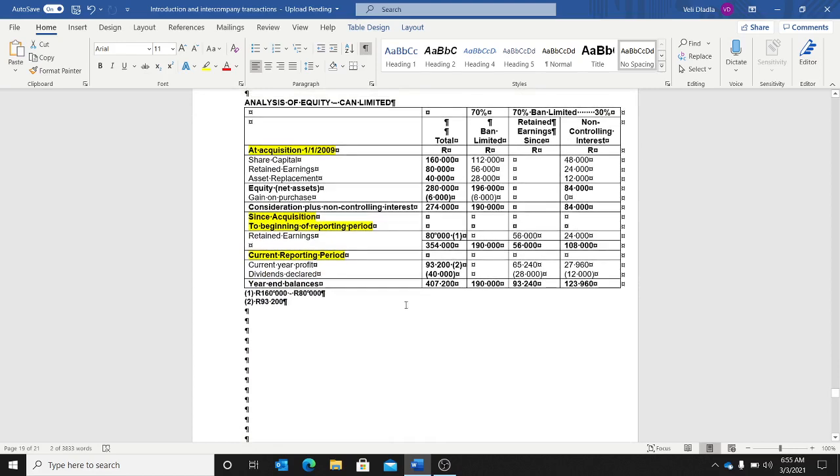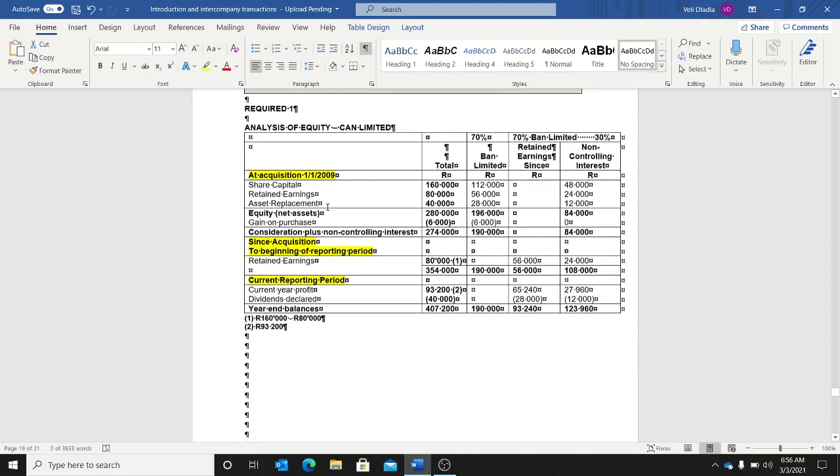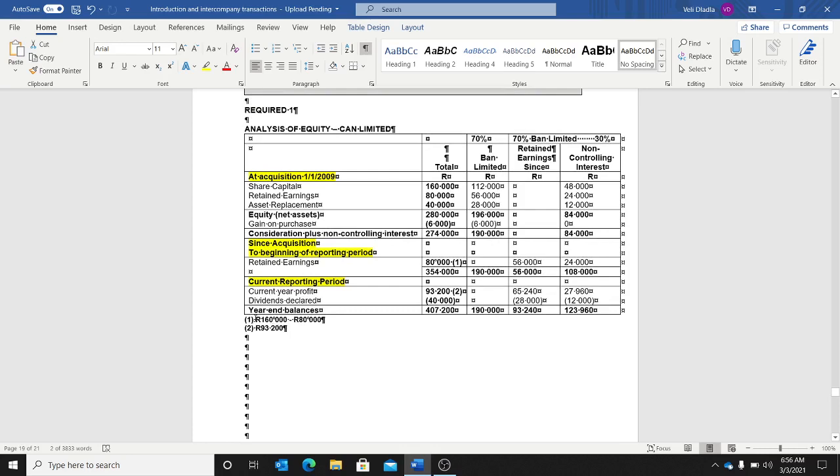Now you go to check here in date number 2, the movement. Remember I said date number 2 is beginning of the current year, or you can say closing of last year. Now you can see the calculation. I've got 160 in retained earnings, but when I acquired the company, I found the company with 80,000, which is this 80,000 that they are showing. I found the company with 80, so I'm only entitled to 80 as Ben. But of the 80, someone must take their portion, and I will take my portion.